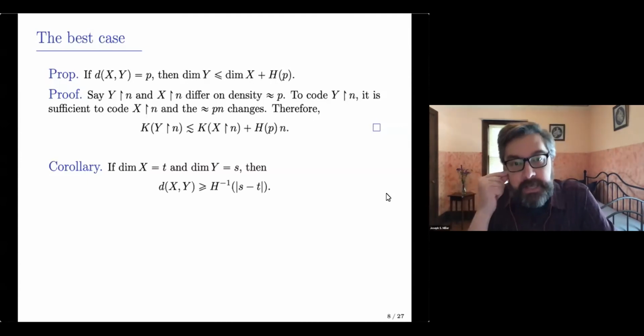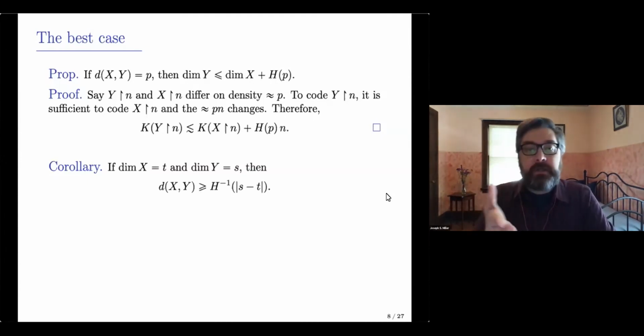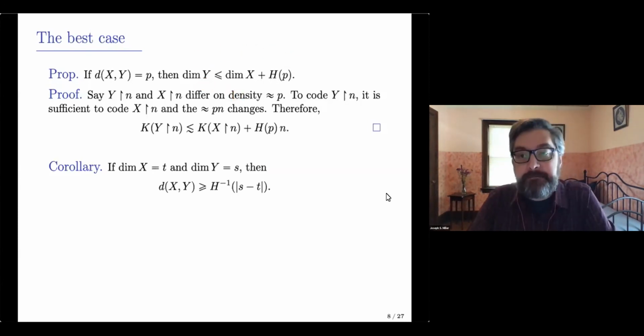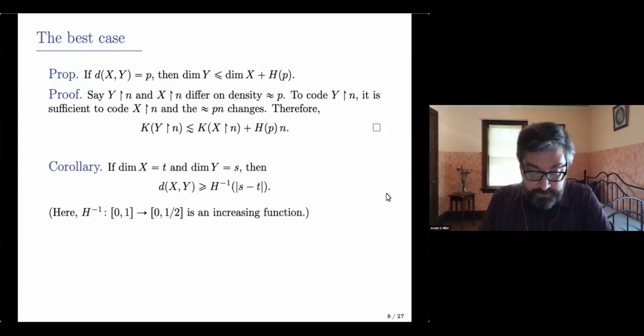Now, rearranging that, if you look at the proposition and solve for h of p, you see that h of p is greater than dim y minus dim x. By symmetry, it's also greater than dim x minus dim y. So it's greater than the absolute value of the difference. And therefore p, well, here we need to use that h inverse is an increasing function.